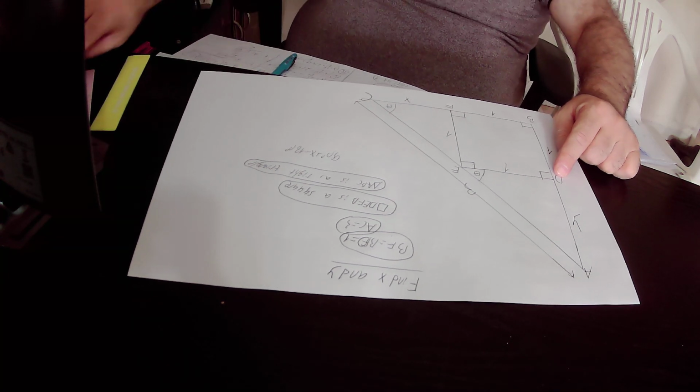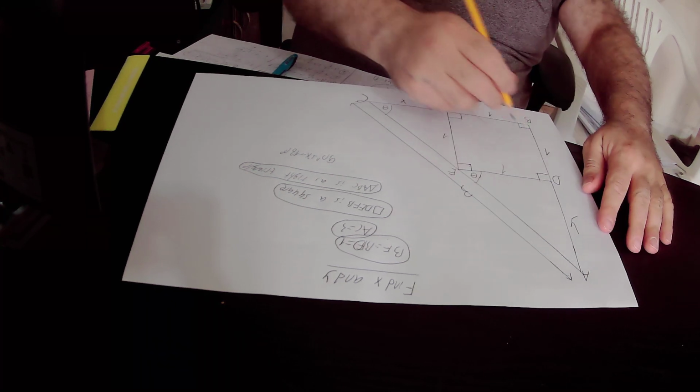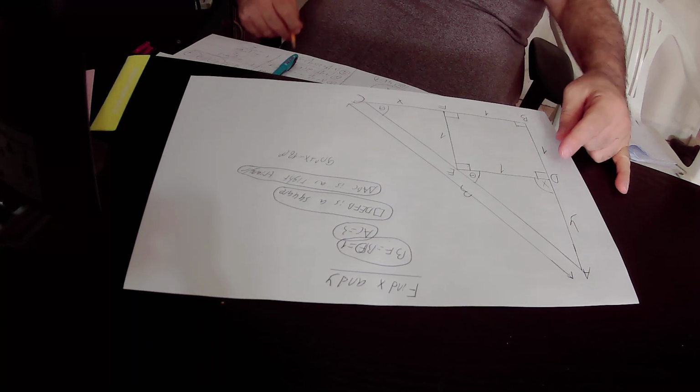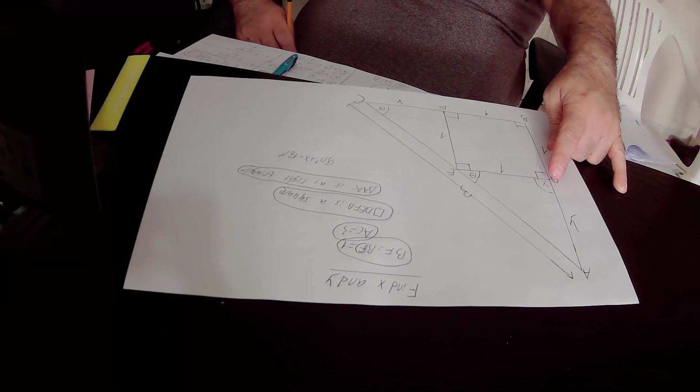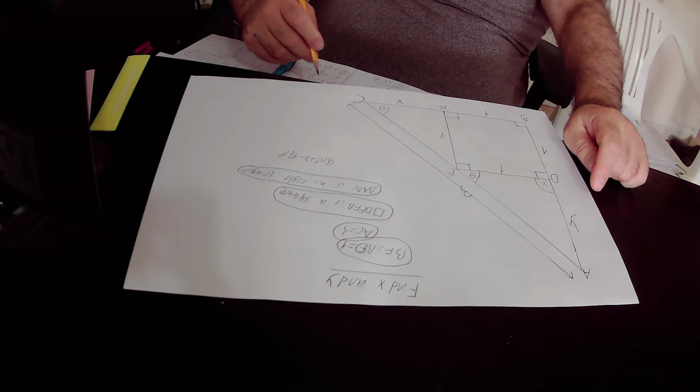So this angle is angle X. X plus 90 degrees must be equal to 180 degrees according to the rule that I mentioned.